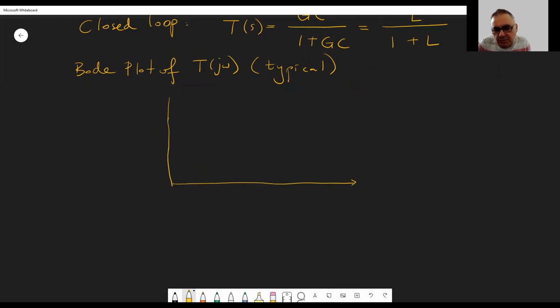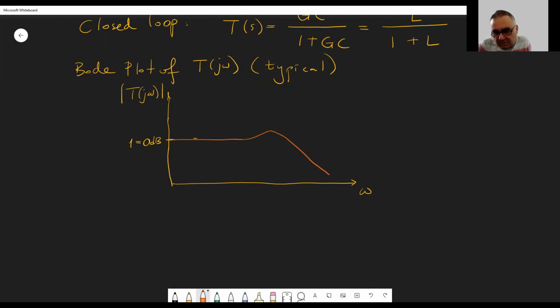The magnitude plot, this is omega in logarithmic scale, okay? And this is the T of j omega magnitude. Typically, it will start at 1, or at 0 dBs. Let me draw it in another color.